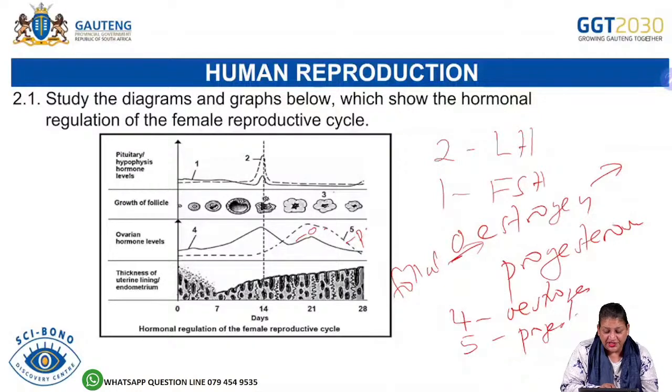But from the 14th to the 28th day, which hormone is responsible for the thickening of the endometrium? Now it can't be any follicles now because the follicles are empty. So the empty follicle starts developing the endometrium even further. And what is that empty follicle? Corpus luteum. What hormone? Progesterone. So from the 14th to the 28th day, it is progesterone that thickens the endometrium.